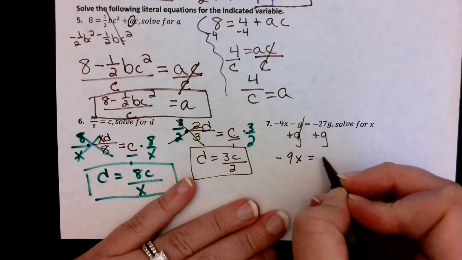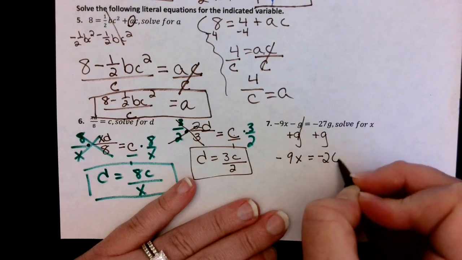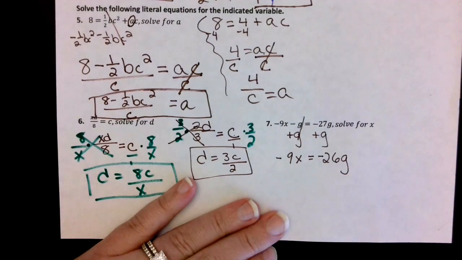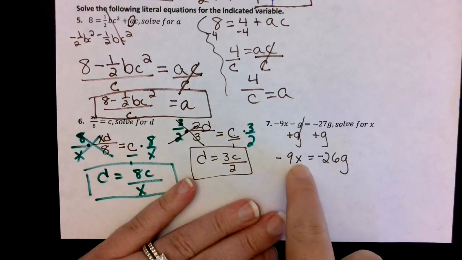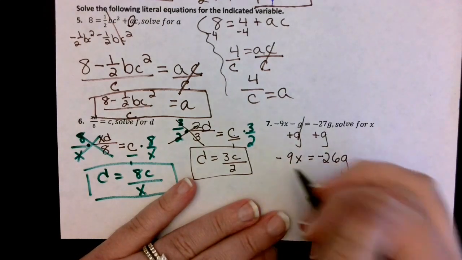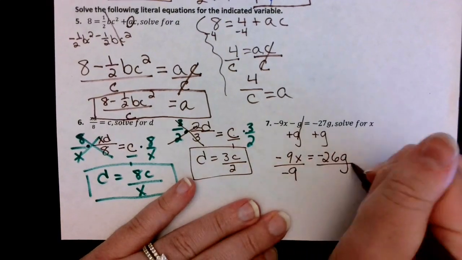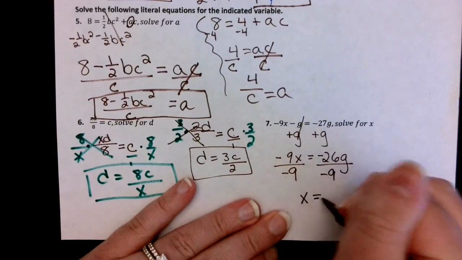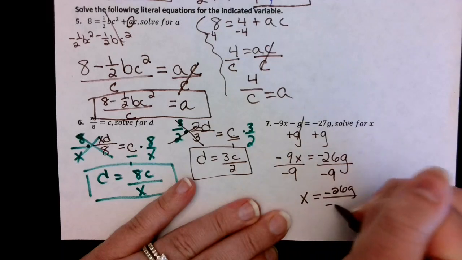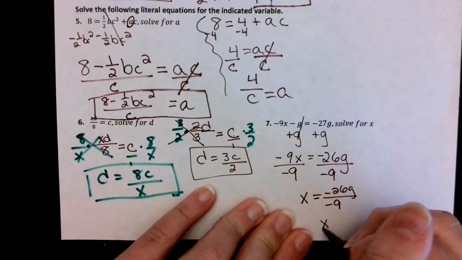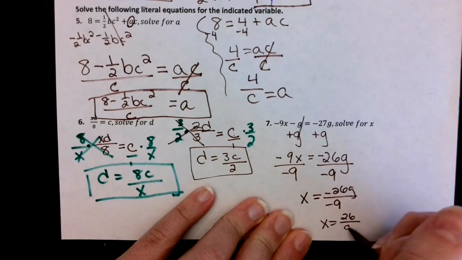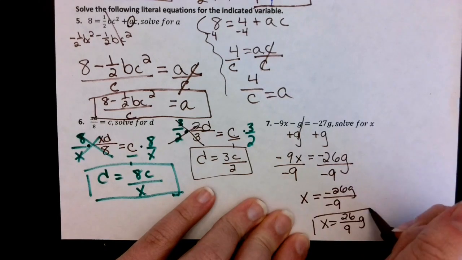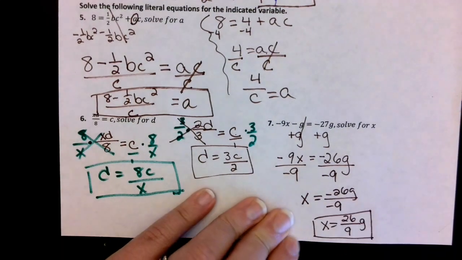They are like terms, unlike the other ones we did. And then I just want to get x by itself. Negative 9 times x equals negative 26 times g. Divide both sides by negative 9. x equals negative 26g over negative 9. We always simplify, so those two negatives go away. And this is my final answer.